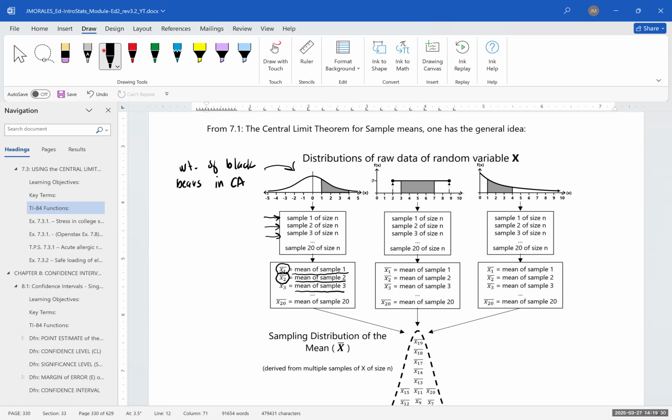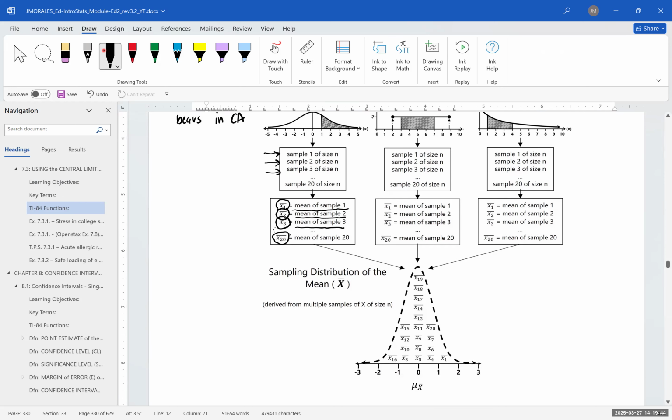We measure their weight, and that becomes a mean of that third sample of black bears. And we just keep going, keep going, keep going, and collect a whole bunch of sample means that way. And if we take each of those sample means and we graph them, then the distribution of those sample means will be normal.